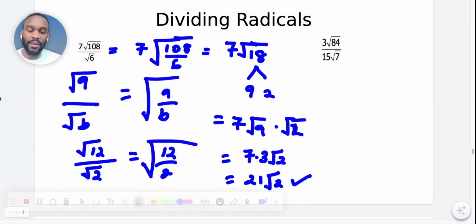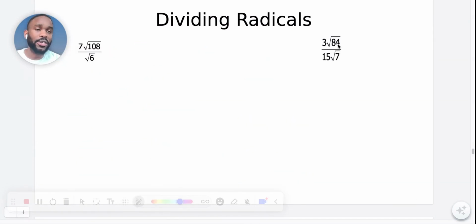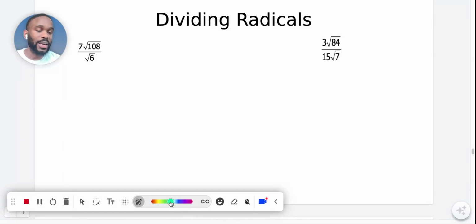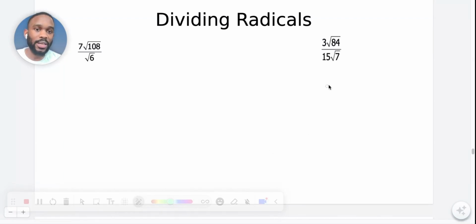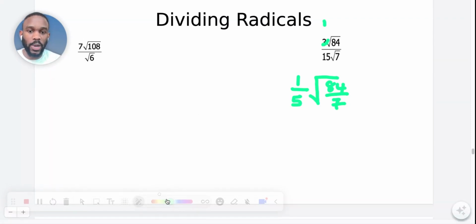And then finally, if you look at this example, you see what is outside the root can reduce what is outside the root, meaning I can reduce this 3 and this 15. They have common factors. So if you apply the knowledge you've just learned, it ends up being the root of 84 divided by 7. Now, 84 divided by 7, what do you get? You get 12.